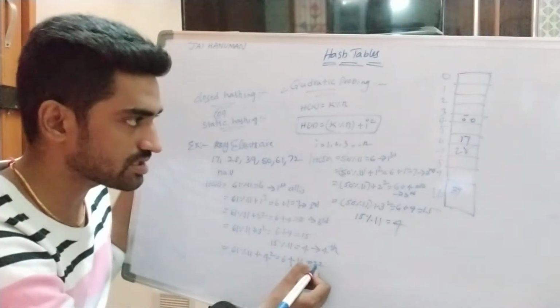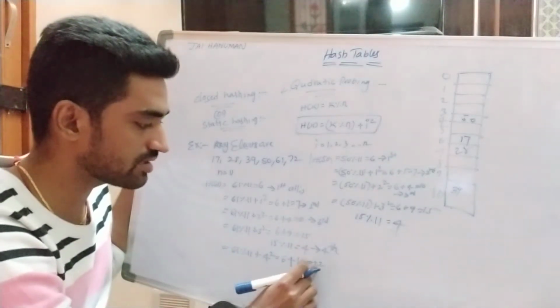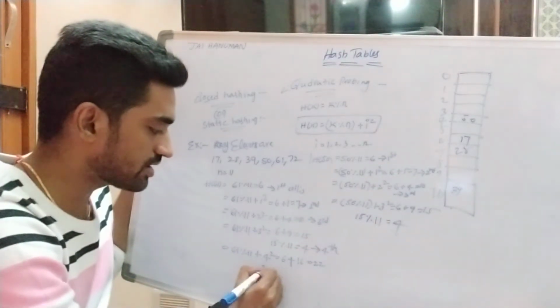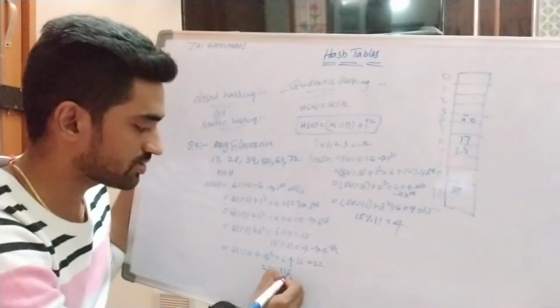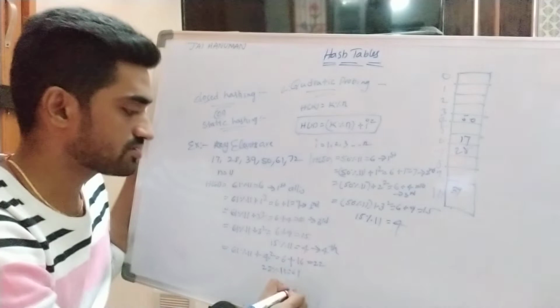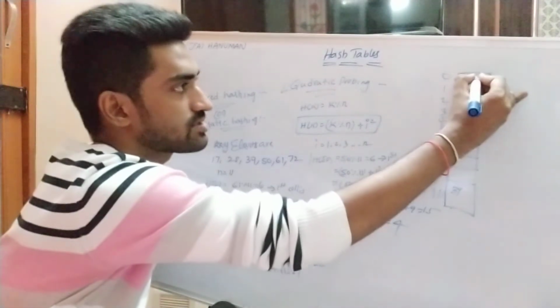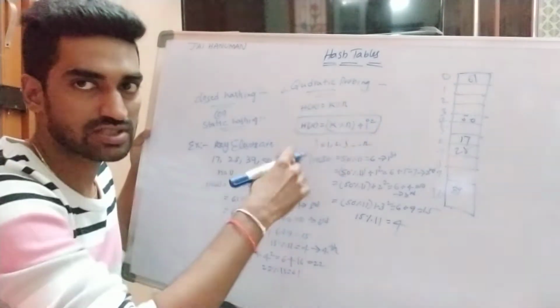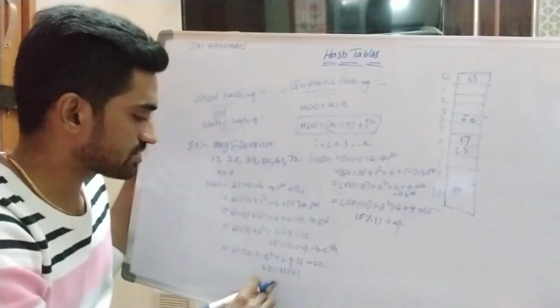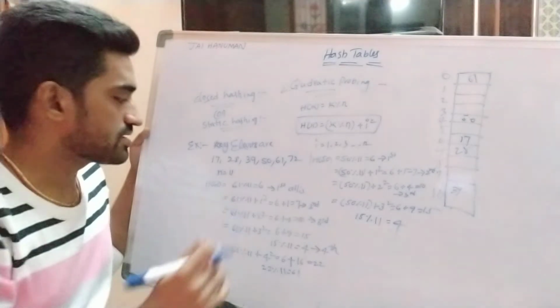This position is not present in the hash table, so that's why this can be taken as key value. 22 modulo division of 11, so 0. So at 0th position we are placing 61. Why? Because this is vacant position, no collision is there, right? So that's why directly we are placing it at 0th position.